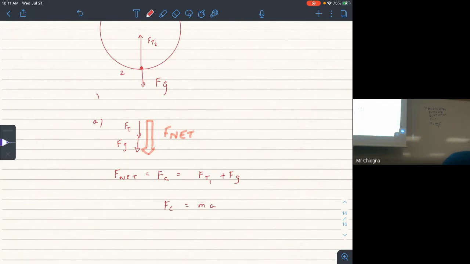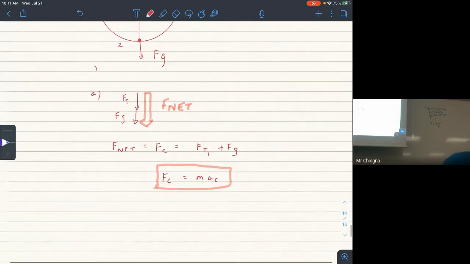We always know this equation is true, independent of what the free body diagram is. That's true. For this particular case, FC on the left is FT1 plus FG.